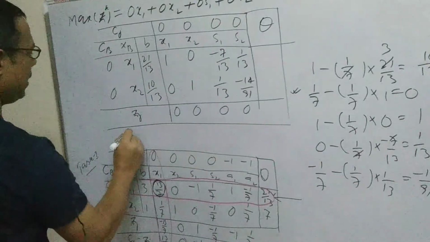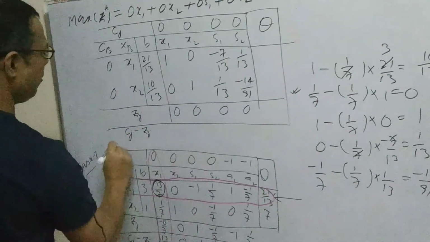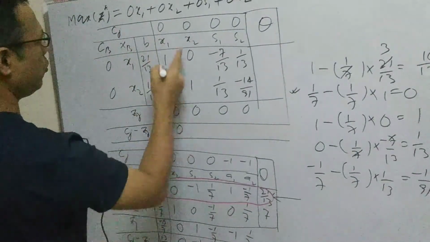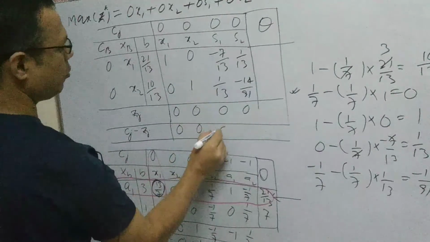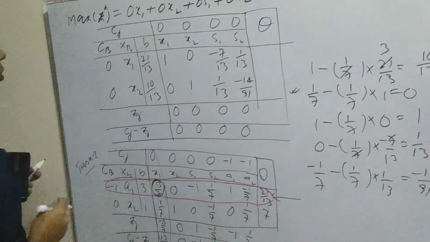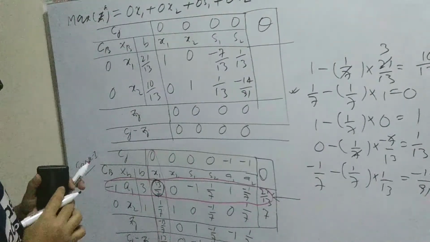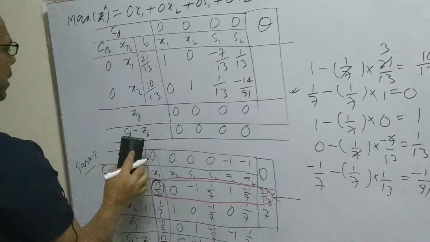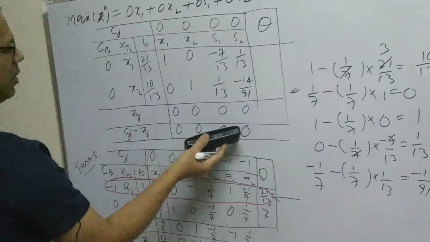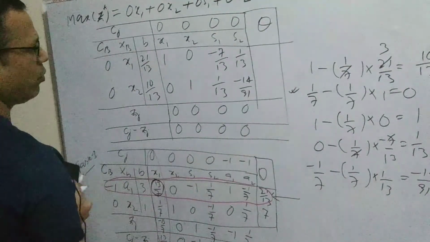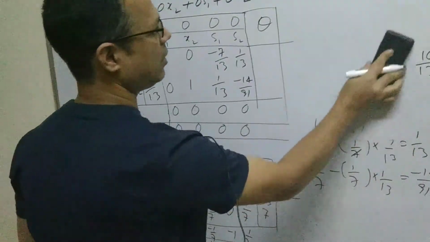So Cj minus Zj: 0 minus 0 is 0, 0 minus 0 is 0, 0 minus 0 is 0, 0 minus 0 is 0. So now we have got Cj minus Zj. It means we can stop here. All values are either 0 or negative, and all values are already 0. So the condition is fulfilled.